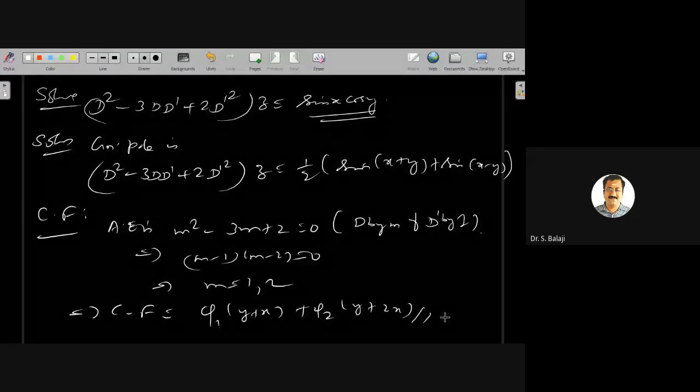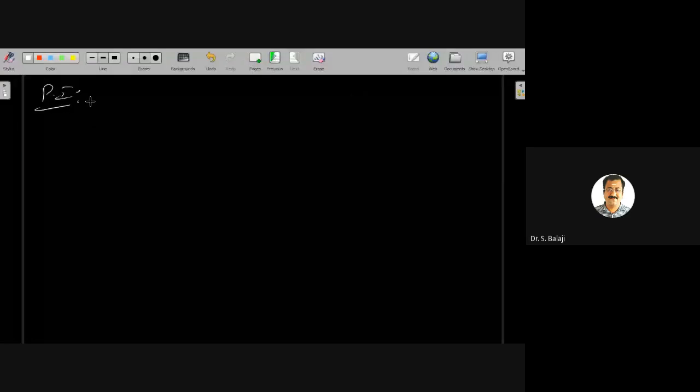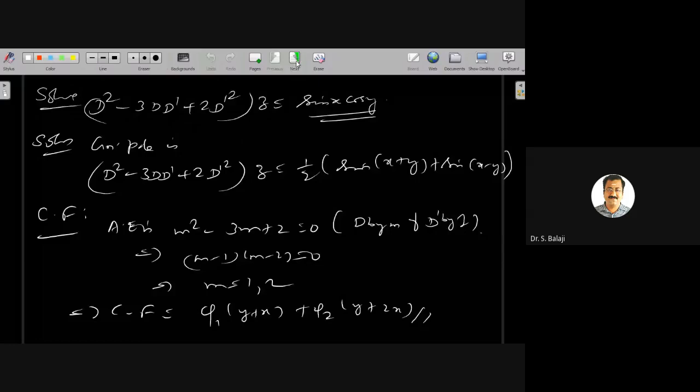Now we think about the particular integral. It is 1 by D square minus 3DD dash plus 2D dash square of 1 by 2 of sin(x plus y) plus sin(x minus y).